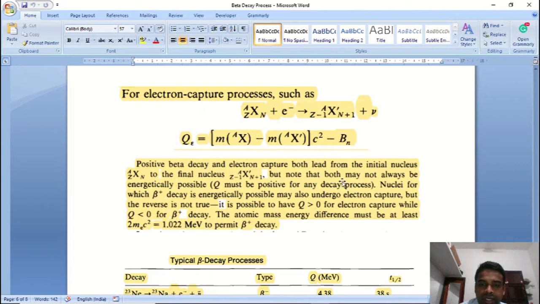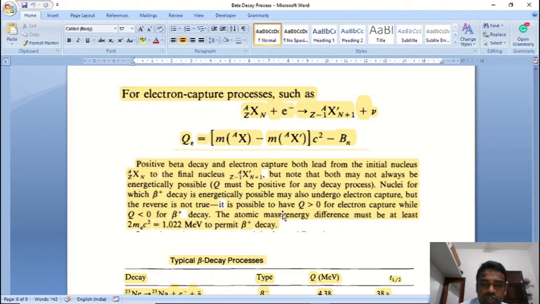But note that this is an important point, okay? Both may not always be energetically possible, since Q must be positive for any decay process. Nuclei for which beta plus decay is energetically possible may also undergo electron capture, but the reverse is not true.